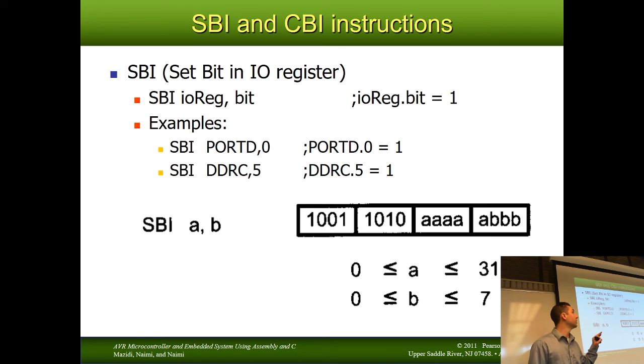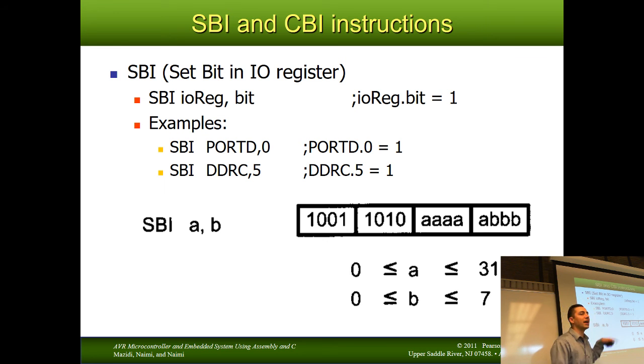Here's the first one, SBI. Set bit in I/O register, SBI. It follows the same pattern that all assembly instructions follow in that data flows from right to left. But the difference here is this I/O register doesn't get set to this value.